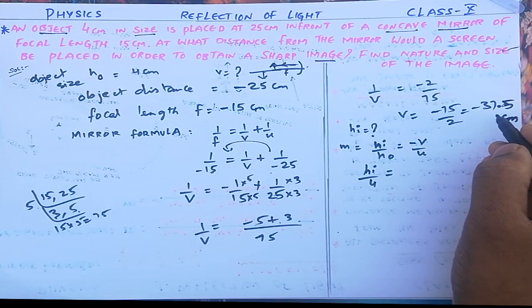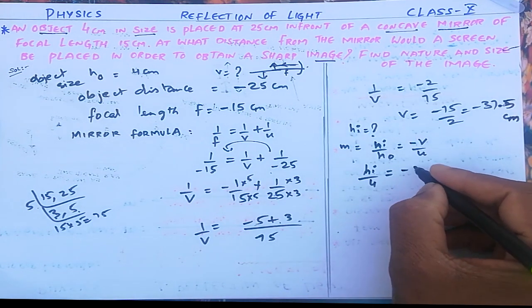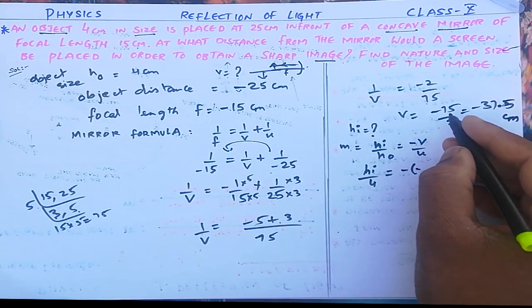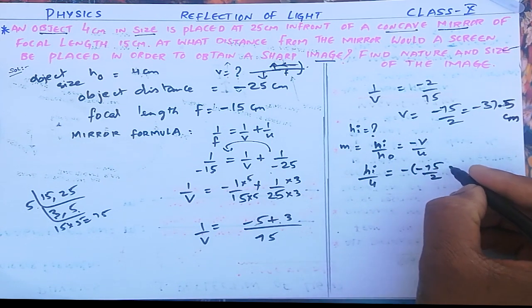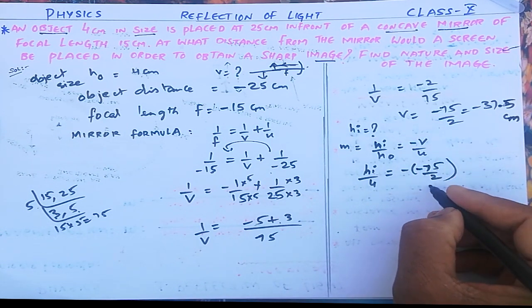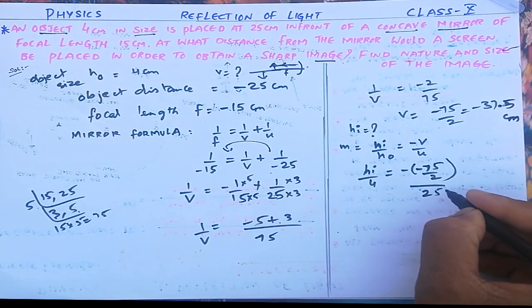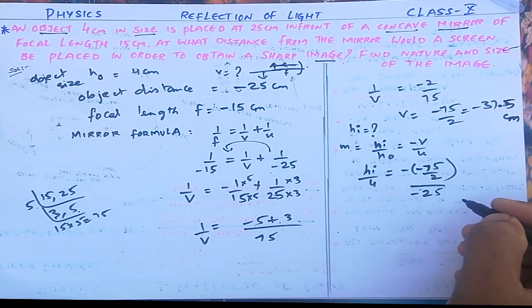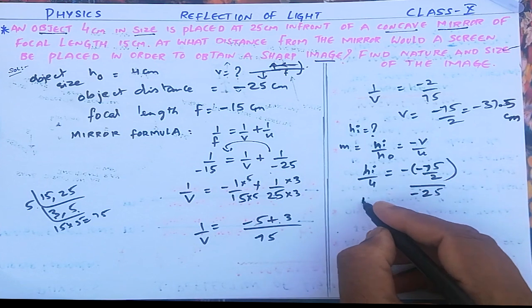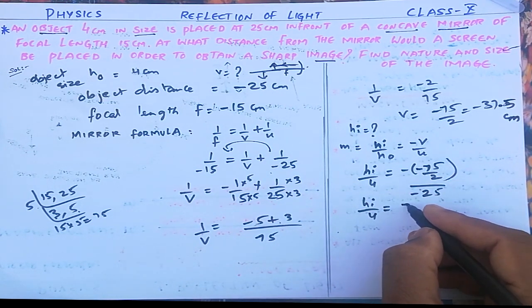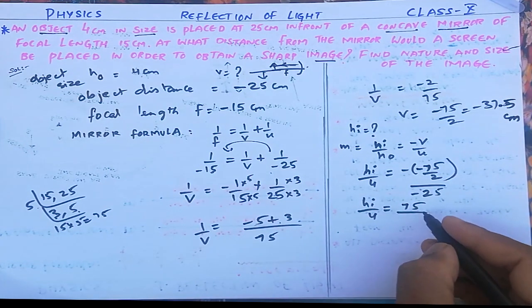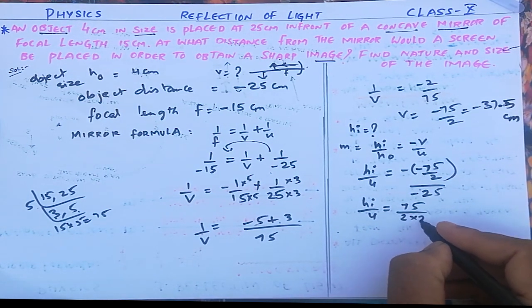Image distance we got as minus 37.5, so minus of minus, or I'll take it as 75 by 2 for easy calculation, by u value 25 minus. So HI by 4 equal to minus of minus will become plus 75 by 2 into 25 multiplication.